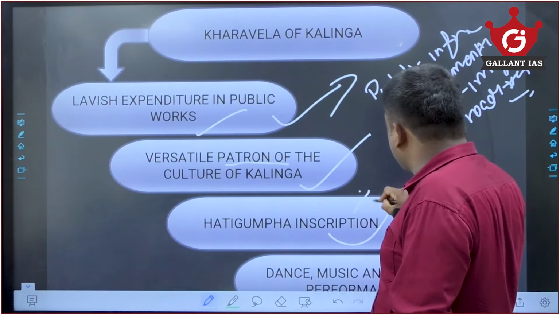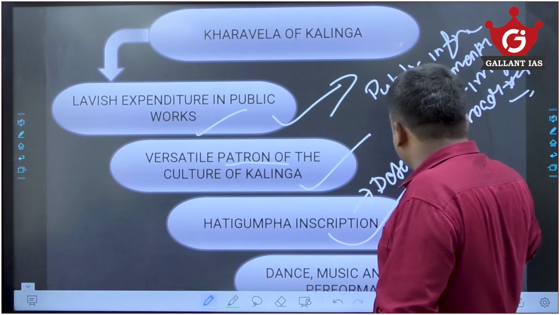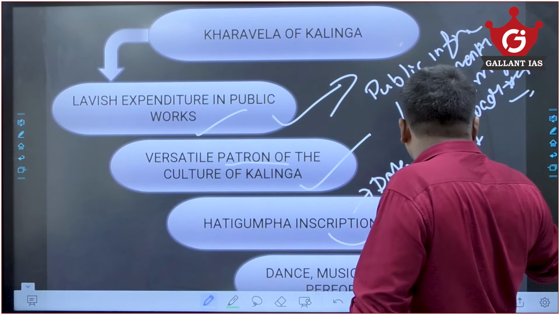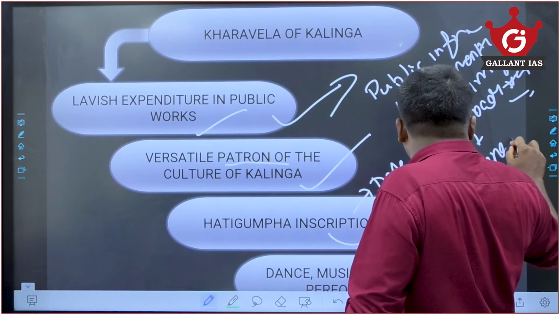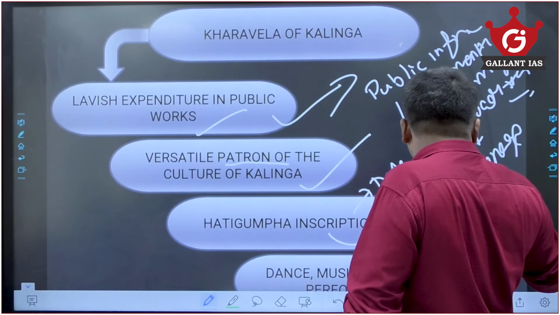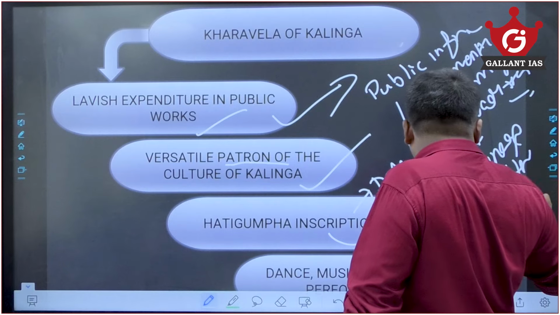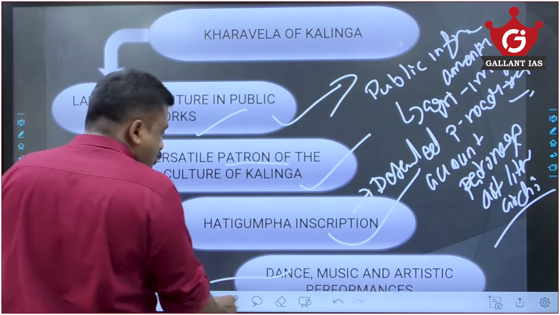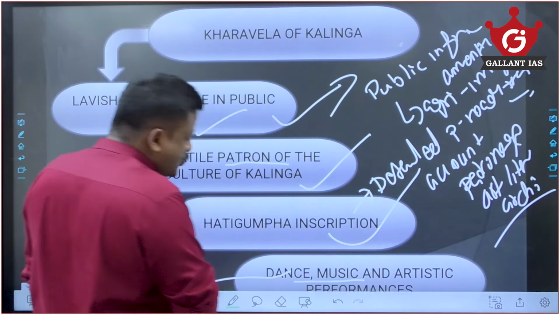The Hathigumba inscriptions give you a very detailed account of his patronage for art, literature and architecture. It's a patronage of dance, music and artistic performances.